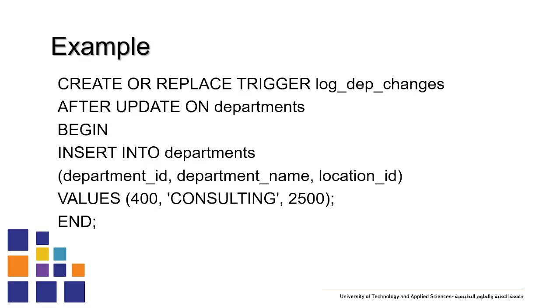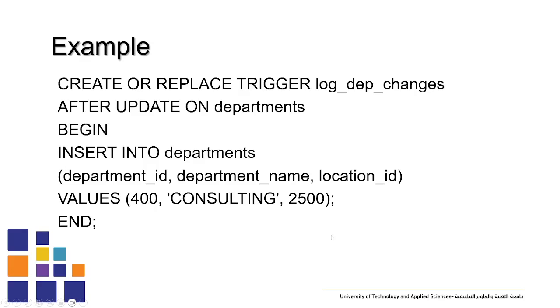So you can notice the behavior of the trigger for this event: it listens for any update to any row in the departments table.